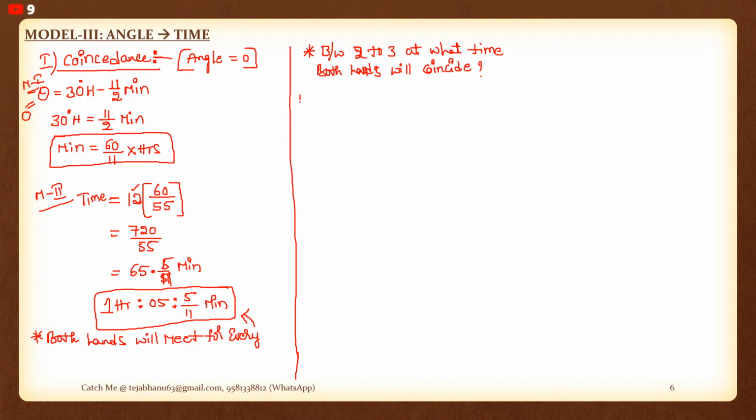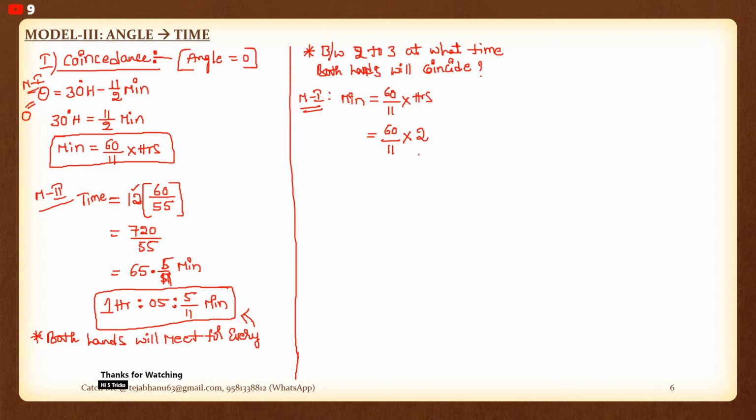See, method 1, formula method. That is, minutes is equal to 60 by 11 into hours, which is 60 by 11 into hours is 2.